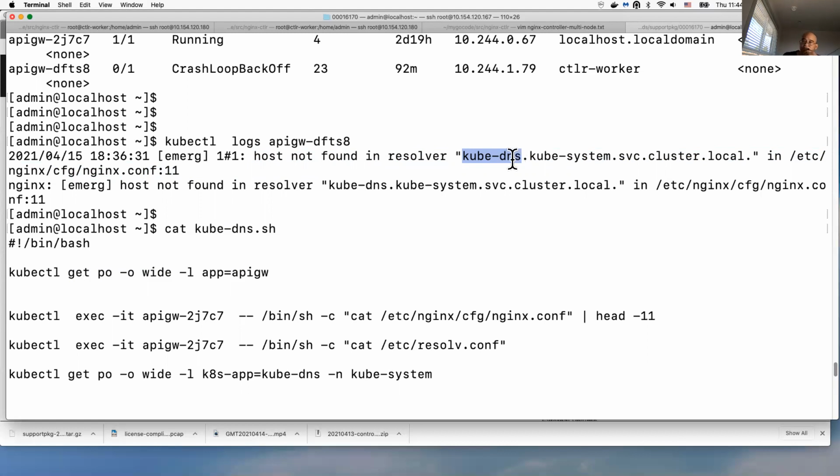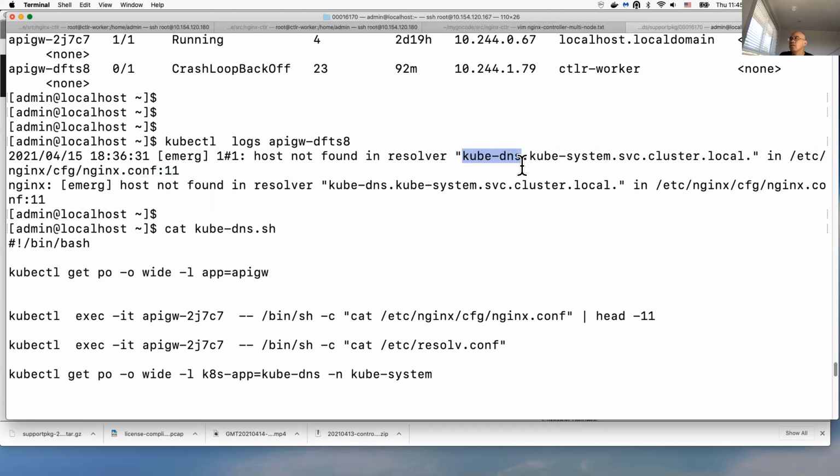And how do we find out? We need to have a packet capture for the DNS resolution to see why it cannot resolve this kube-dns.